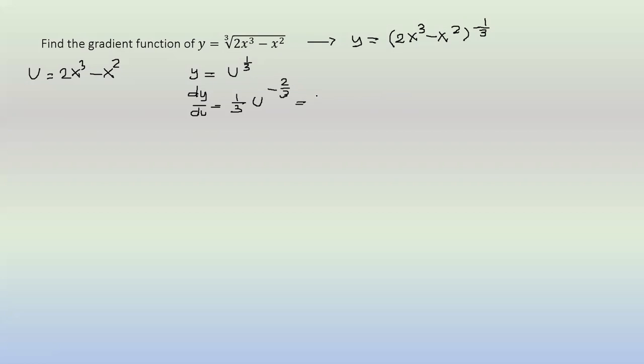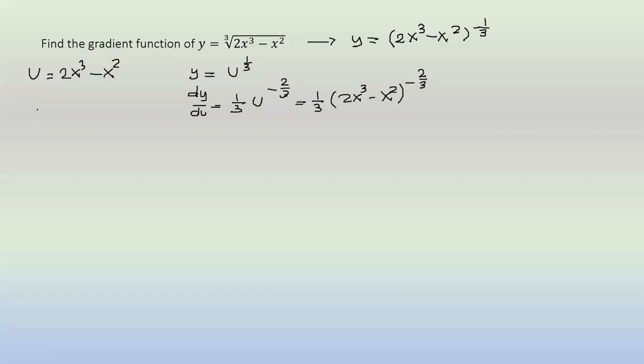Or we may write it like this: 1/3 times (2x cubed minus x squared) to the power negative 2/3.